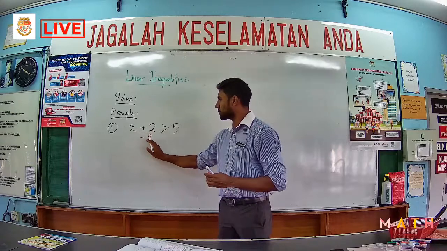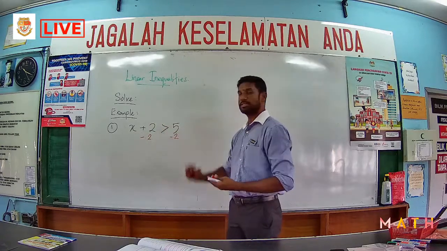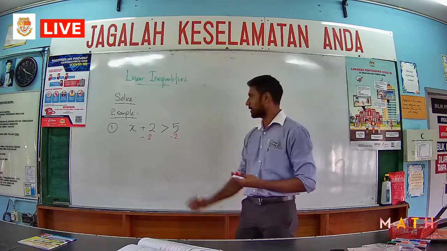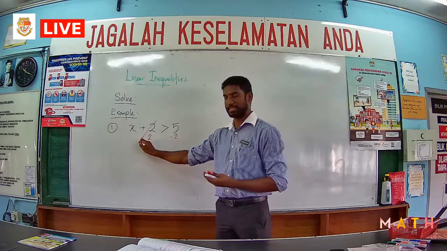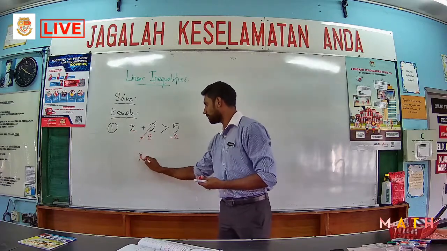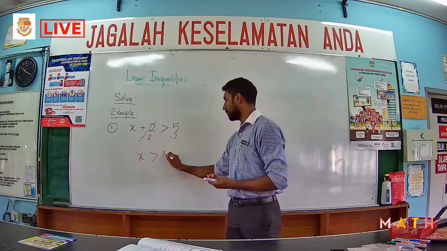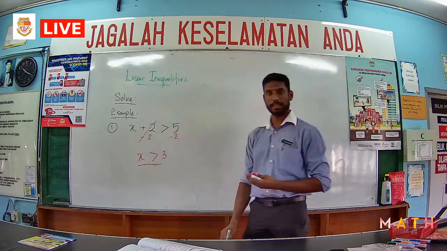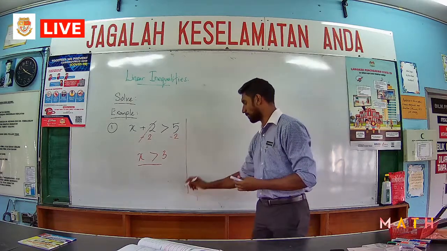So if we minus 2 on one side, on the other side you need to minus the same number as well. So these two numbers are eliminated. So you have x greater than 1 minus 2, and the answer will be negative 1. Okay guys? Let's try another example.